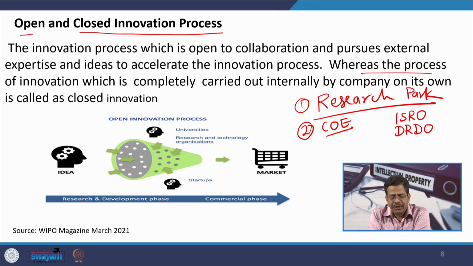These types of science research organizations are establishing their centers of excellence in various educational institutions. So, these are also becoming examples of collaborative innovation activities. Ultimately, anybody can be a collaborator, and those are open innovation examples.